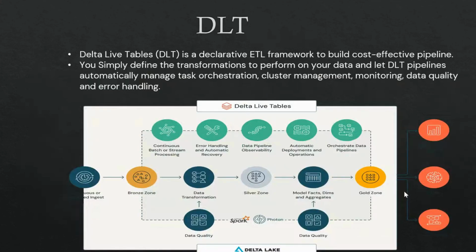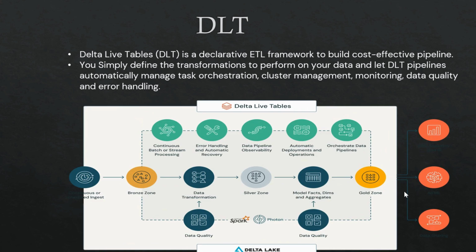So what is DLT? DLT is a declarative ETL framework that helps you build your pipelines cost effectively. You simply define the transformations to perform on your data and let the DLT pipelines automatically manage your orchestration, cluster management, monitoring of the data, and data quality along with error handling.